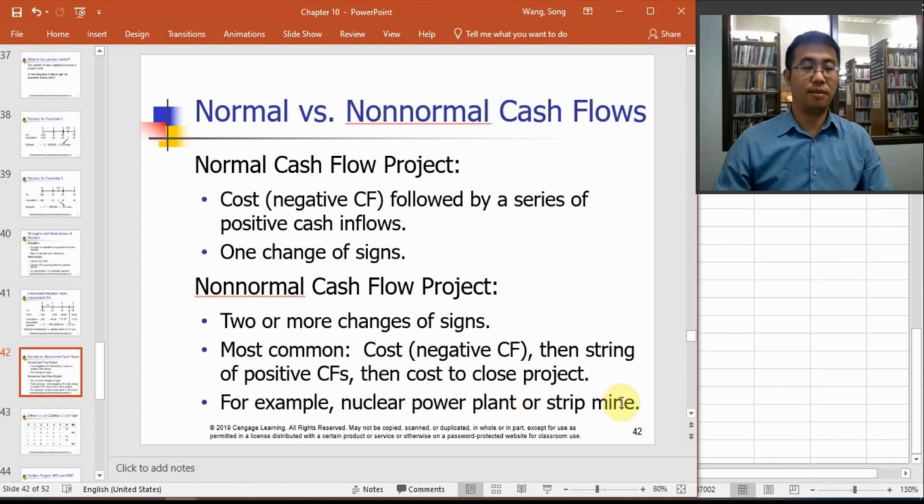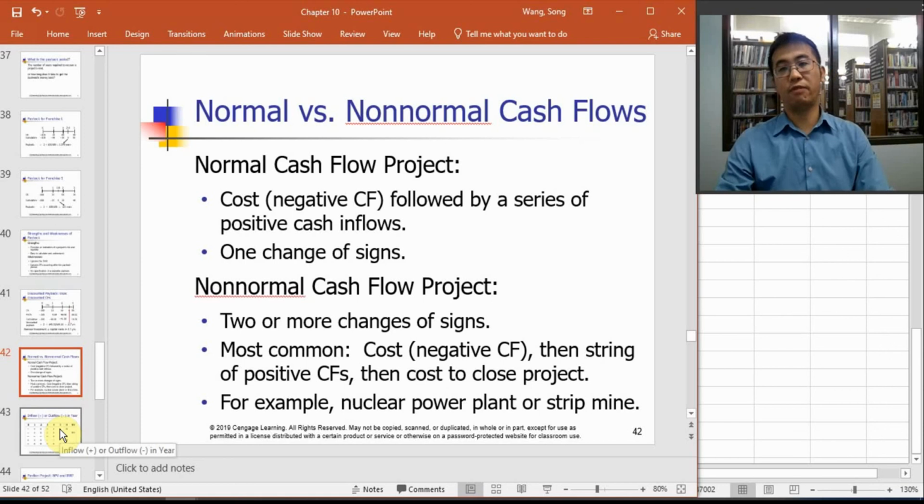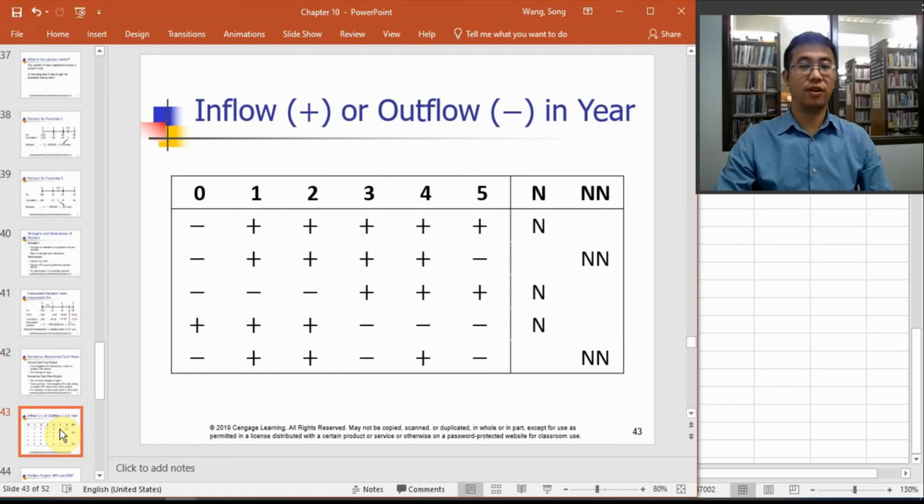They sometimes lose money across the years or require additional investment for maintenance, and that's going to incur costs in future cash flows. Okay, so right here, if you have negative, positive, positive all the way, that's normal. And if it is positive, negative, and then negative, that's non-normal.